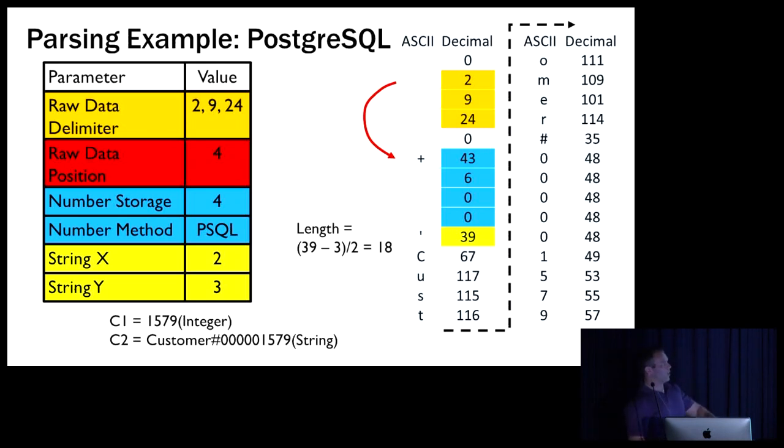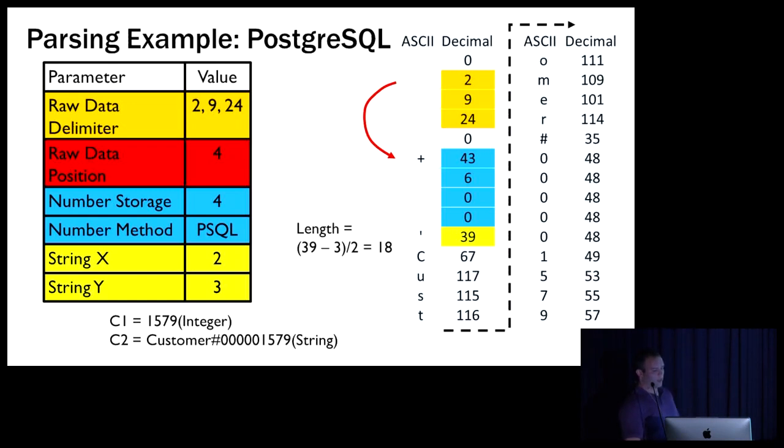Now, there is more metadata before the row starts, and there are more columns that follow, but this is what we need to reconstruct these two columns in this example. So first, I'm going to search for the raw data delimiter with those 3 decimal values. Then I know the raw data starts 4 bytes after that, so I'm going to jump 4 bytes. I'm going to start reading the first row.